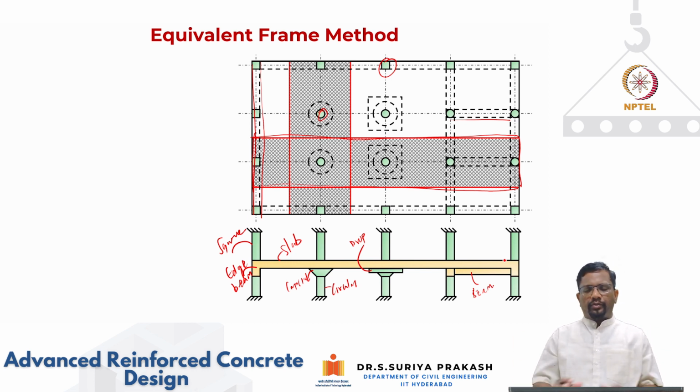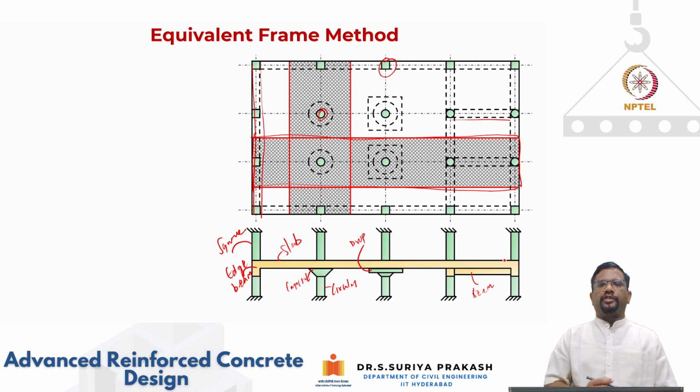One span has no beam, and the rightmost end span has a beam-supported slab, and in between you have a flat slab system with only column capital. At another support, you have column capital plus drop. So you have varying boundary conditions. Such systems cannot be designed using the code coefficient method or direct design method.